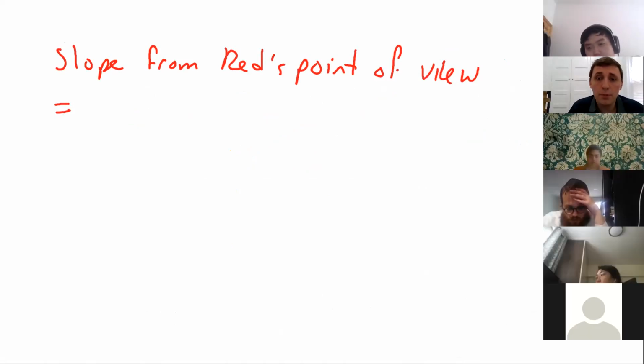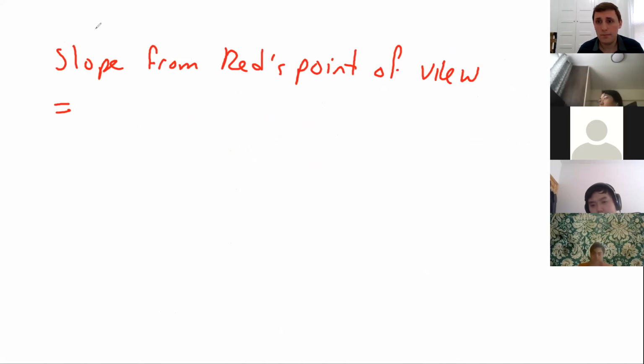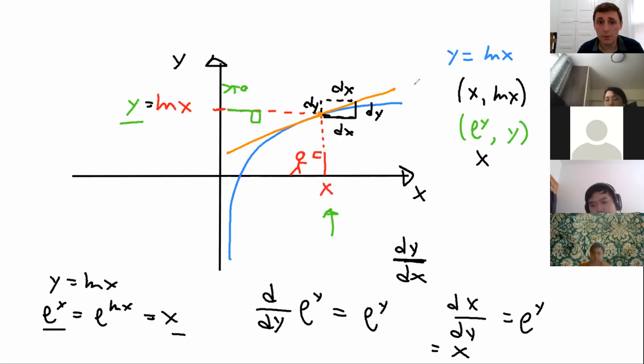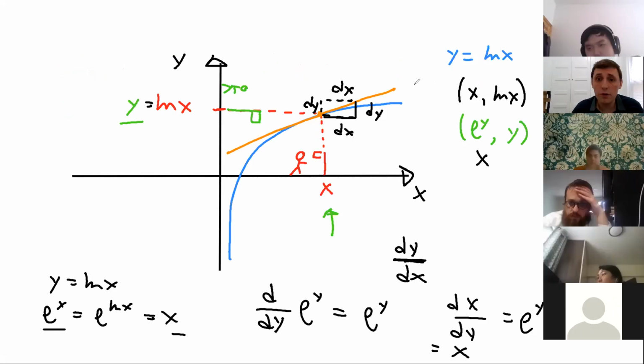What's the slope from the red point of view? So it's 1 over the slope, exactly, Jahin. It's 1 over that slope. Do you see why 1 over? Because they have opposite notions of vertical and horizontal. What is vertical for the green is horizontal for the red.